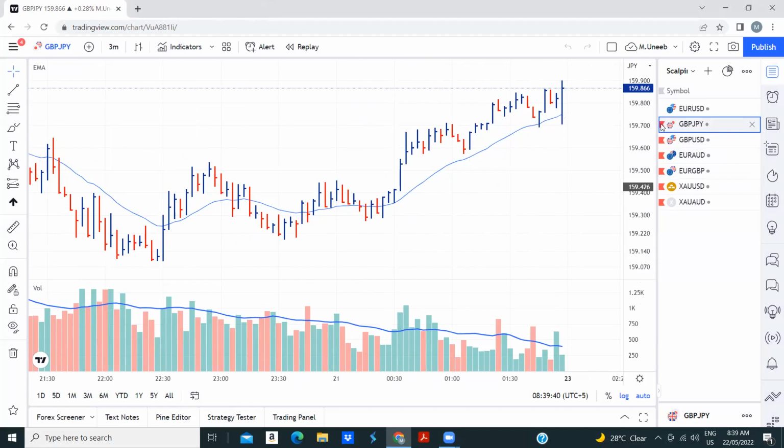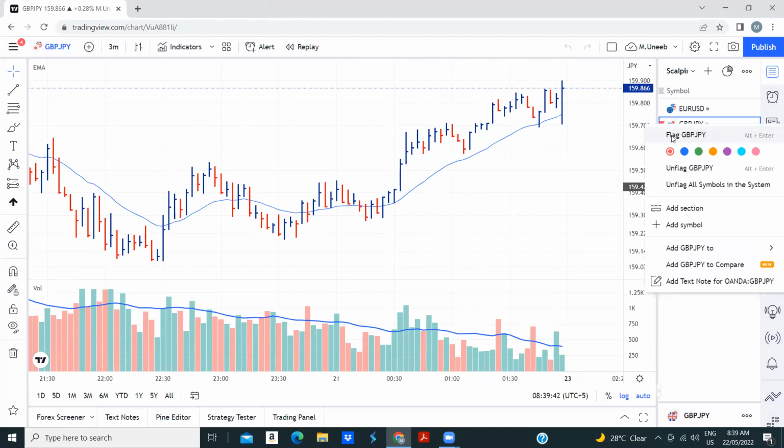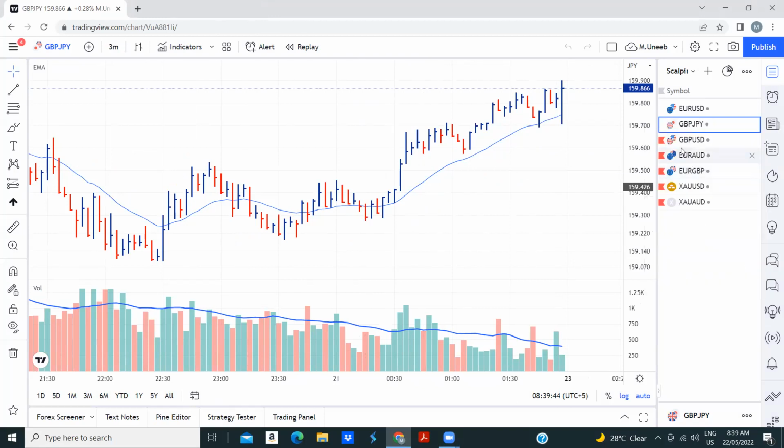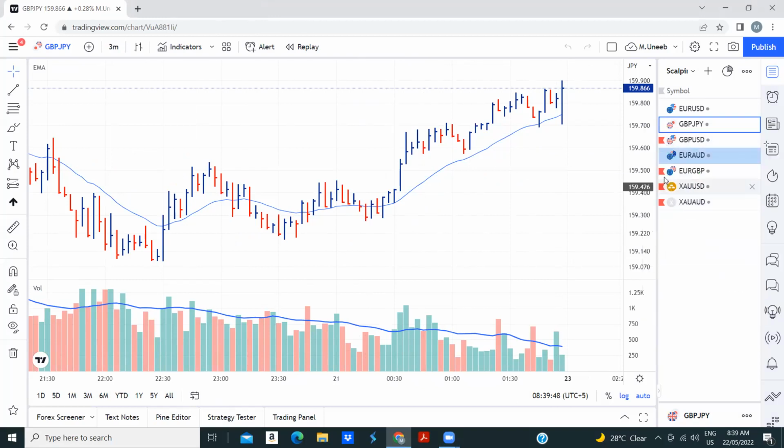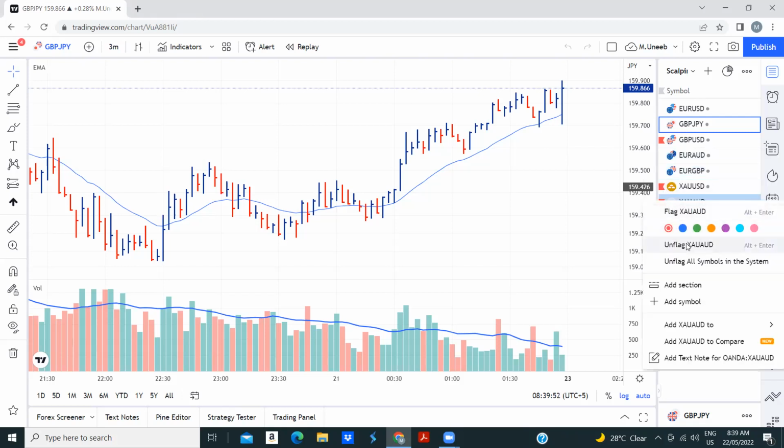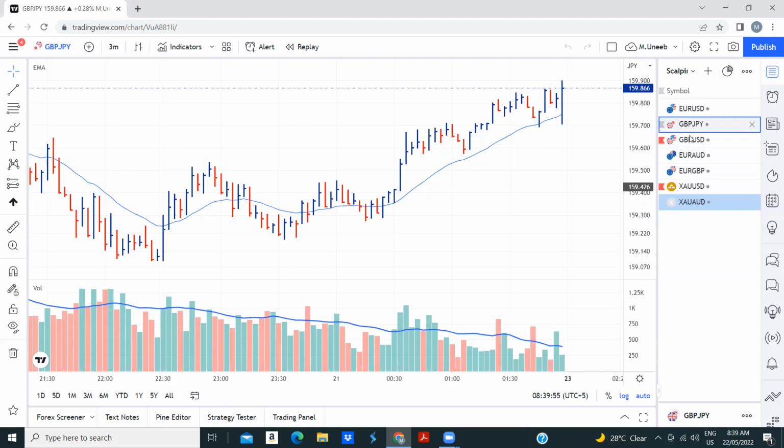I have GBP USD, EUR USD, and this one. These are my personal favorites, which I will trade during New York. Got it? These upper three. So let's analyze GBP USD first.